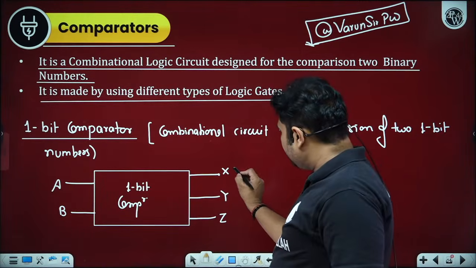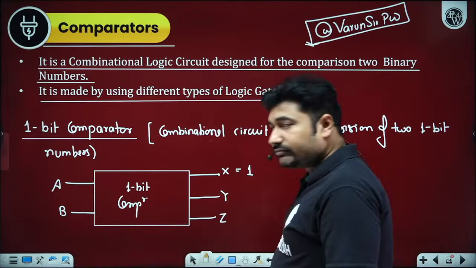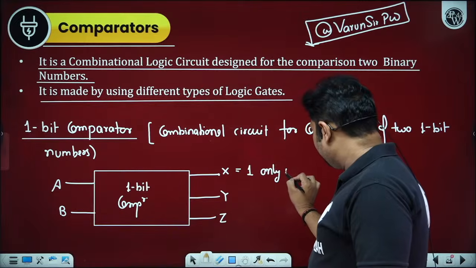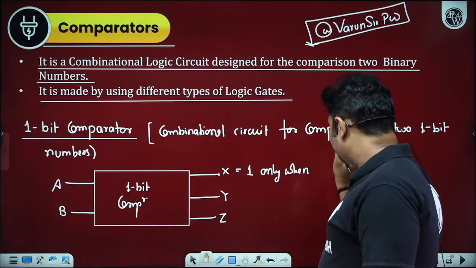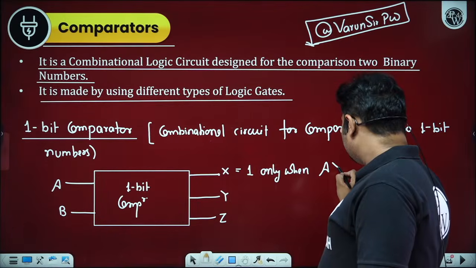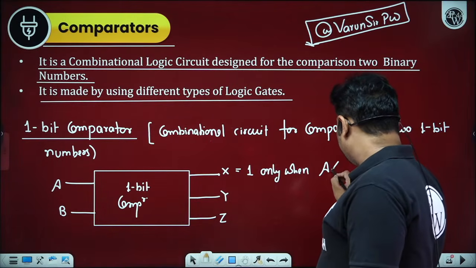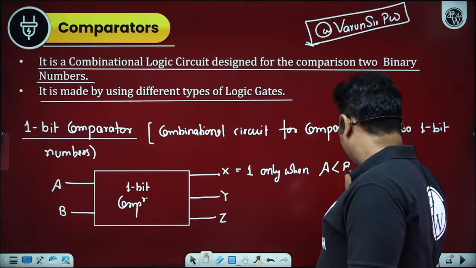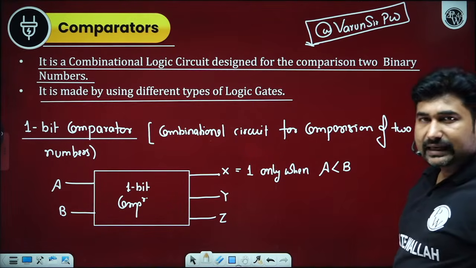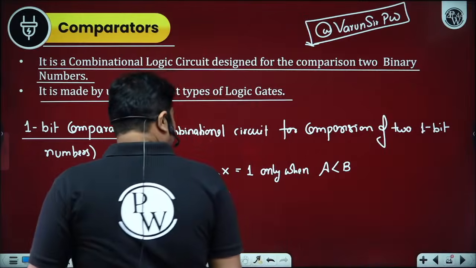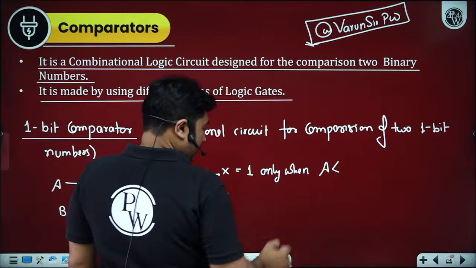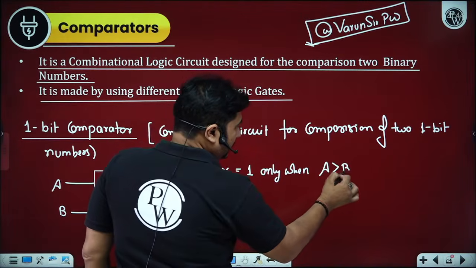Now please observe, X is high only when A is less than B or A is greater than B. Whatever you want, you can put for X. So X equals 1 only when A is less than B, or you can say A is greater than B. It is up to you.